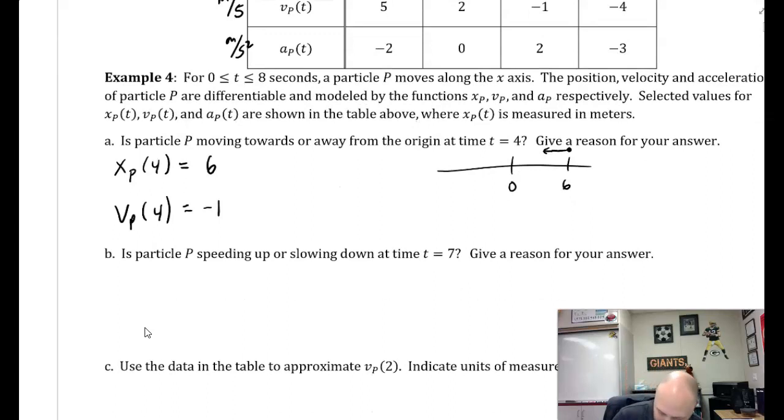So we can say, since x sub p of 4 is equal to 6, the particle is right of the origin.